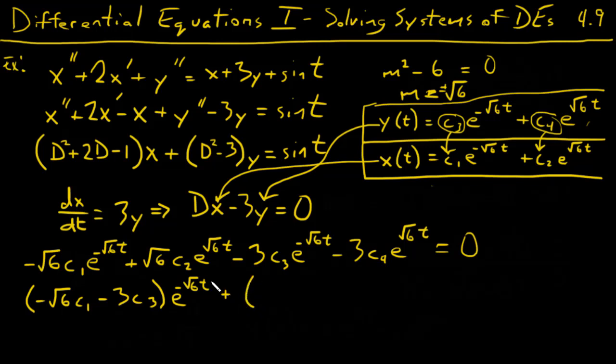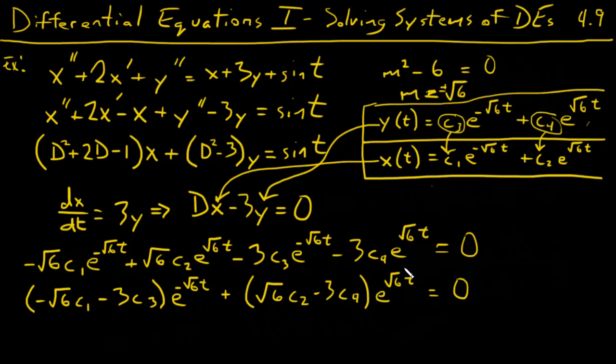Now I'm going to do the C2 and C4s because those are both the positive root 6t. So I'm going to wind up with positive root 6 C2 minus 3 C4 times e to the positive root 6t equals 0. Alrighty.